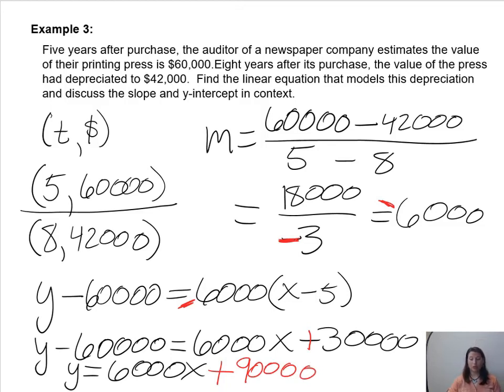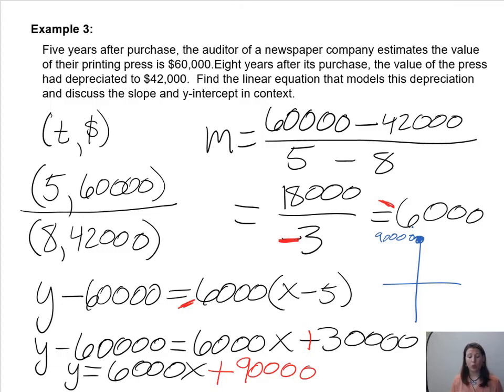Meaning, well, what do y-intercepts really mean? Let's think about a graph for a second. If we have this graphed out, plus 90,000, well, that means we start way up here at 90,000, right? And then every 1 x we go over, well, what is 1 x? 1 x is a year, right? Because x is time in years.